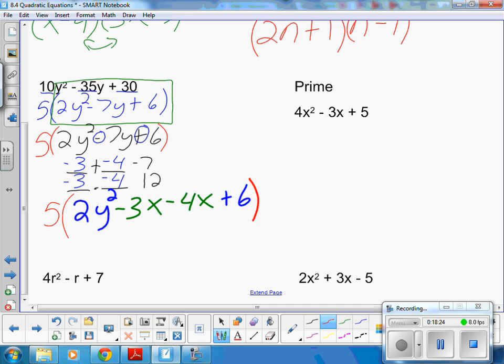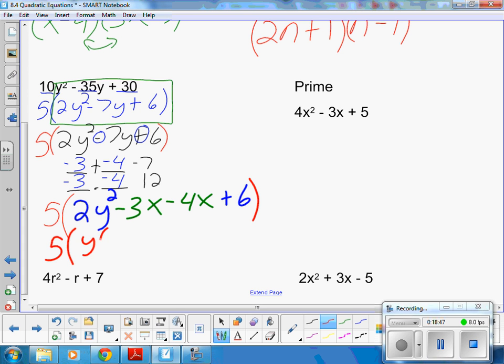So factoring this now, I'm going to have 5 times, and then I'm going to factor out, whoops, why did I switch my letters here? Bet you some of you are laughing at me now. All right, so those are y's, not x's. Everything's in y's. So it's going to be factoring out a y.